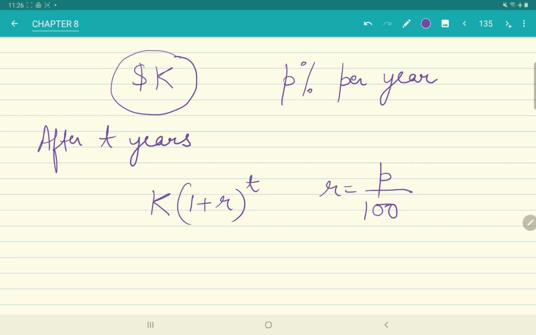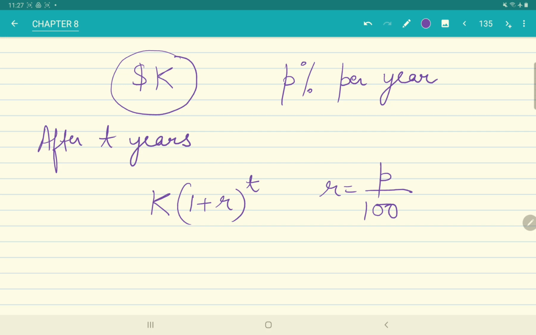So this k dollars would have increased to k multiplied by 1 plus r raised to the power t after t years, keeping in mind that the deposit is earning interest at the rate of p% per year.